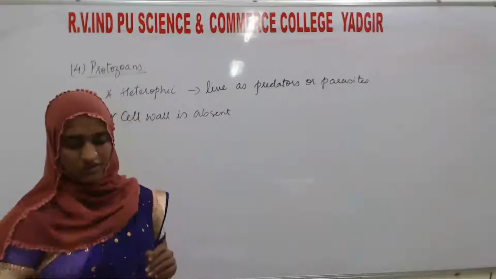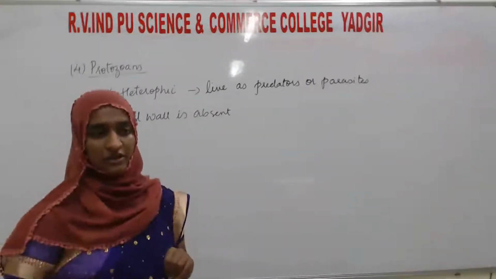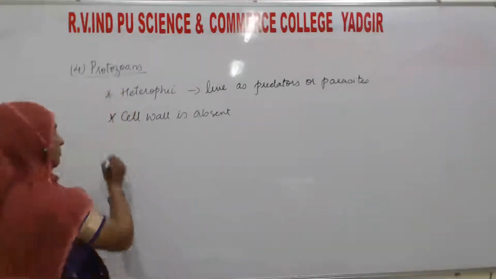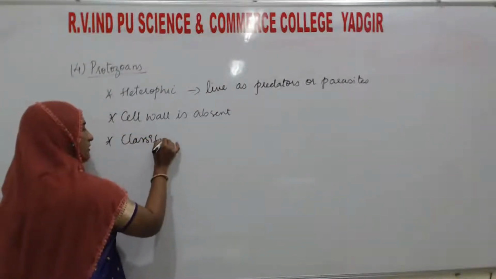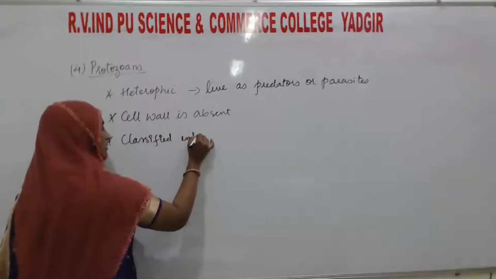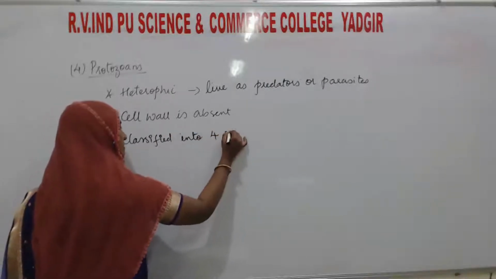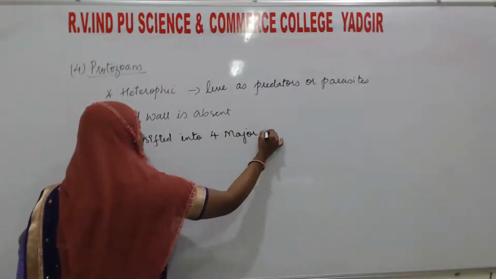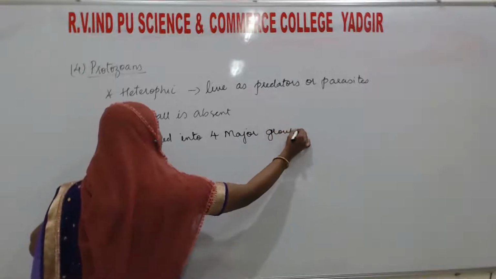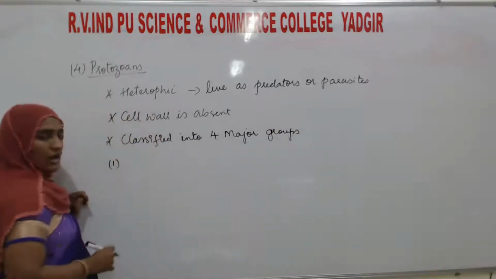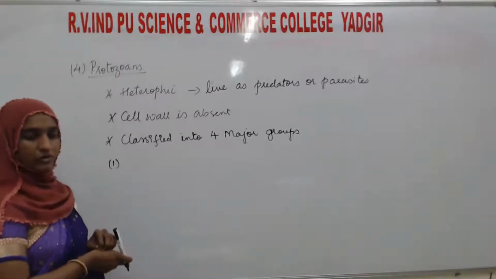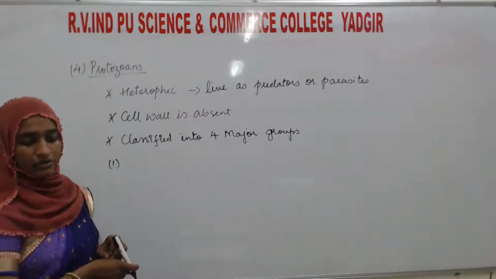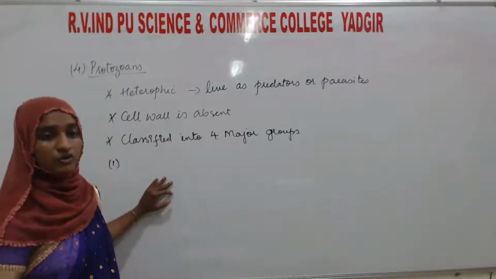These protozoans are classified into four major groups. What are they? First is amoeboid protozoans, then flagellated protozoans, then ciliated protozoans, and last sporozoans.